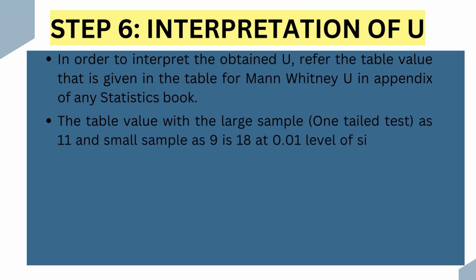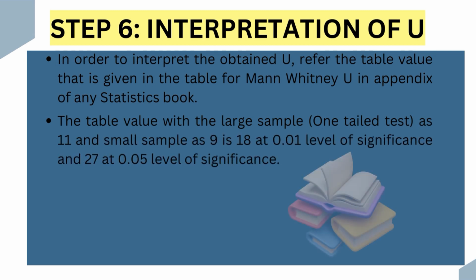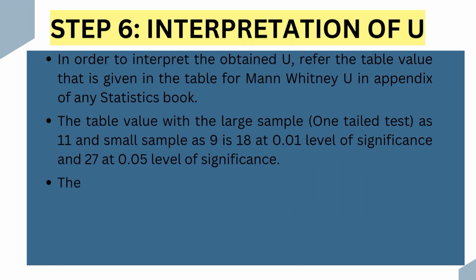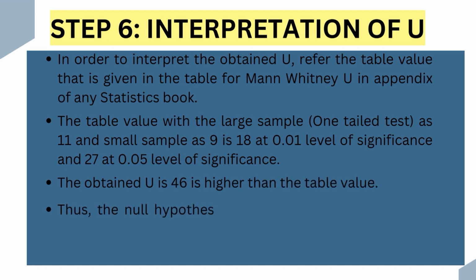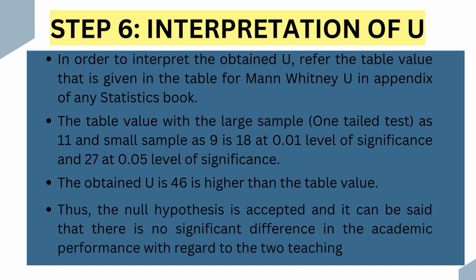Referring to such a table, the table value with a large sample one tail test as 11 and a small sample as 9 is 18 at 0.01 level of significance and 27 at 0.05 level of significance. So, the obtained U is 46 and that is higher than the table value. Thus, the null hypothesis is accepted and it can be said that there is no significant difference in the academic performance with regard to the two teaching methods.